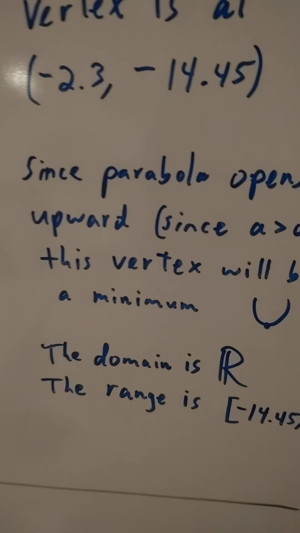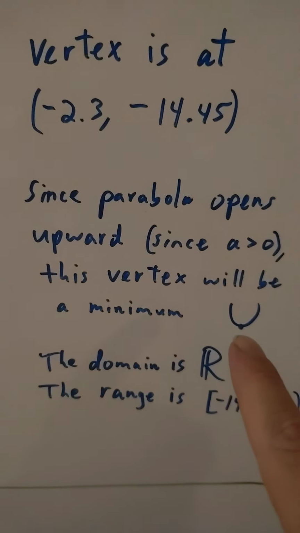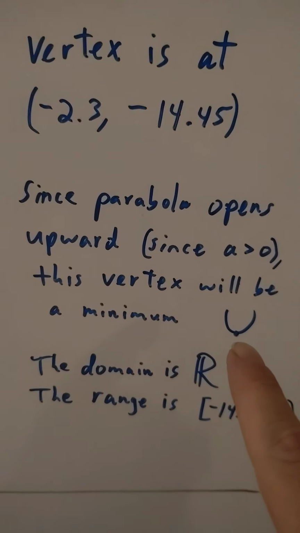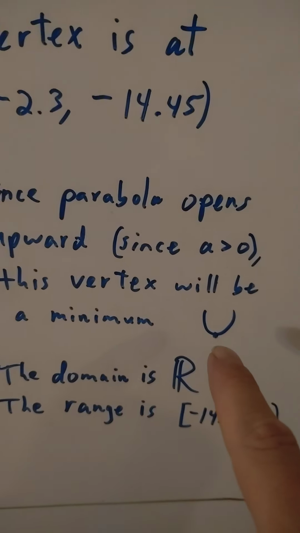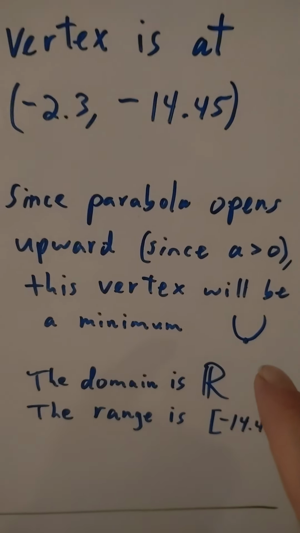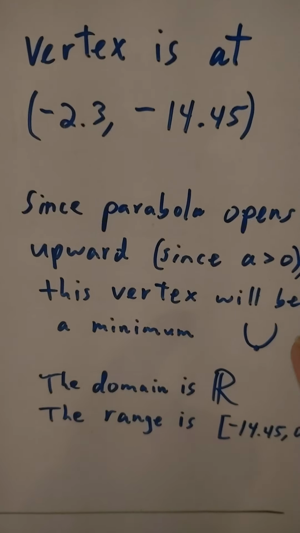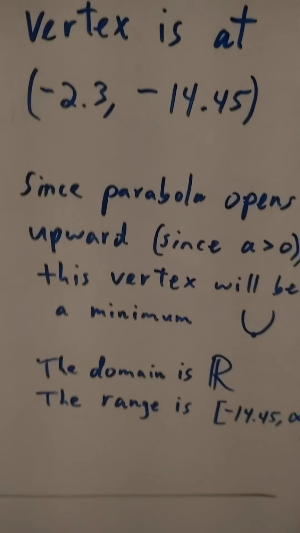So since the parabola opens upward, doesn't that imply the vertex is a minimum? Isn't that the smallest point, especially the y-coordinate? Isn't that going to be the lowest y-coordinate, the vertex? Yes. So that's why we have a minimum. And the minimum is just going to be the y-coordinate of the vertex. So say the minimum is negative 14.45.